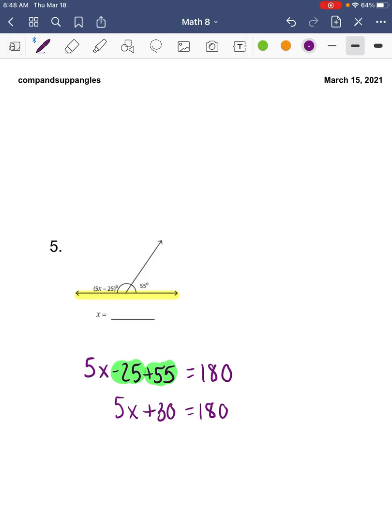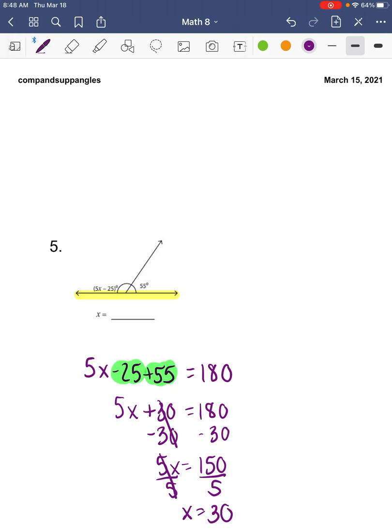Bring down our equal sign and 180. Next we're going to subtract 30 from both sides, and we get 5x equals 150. And then we are going to divide by 5, and we get x equals 30. So our x equals 30.